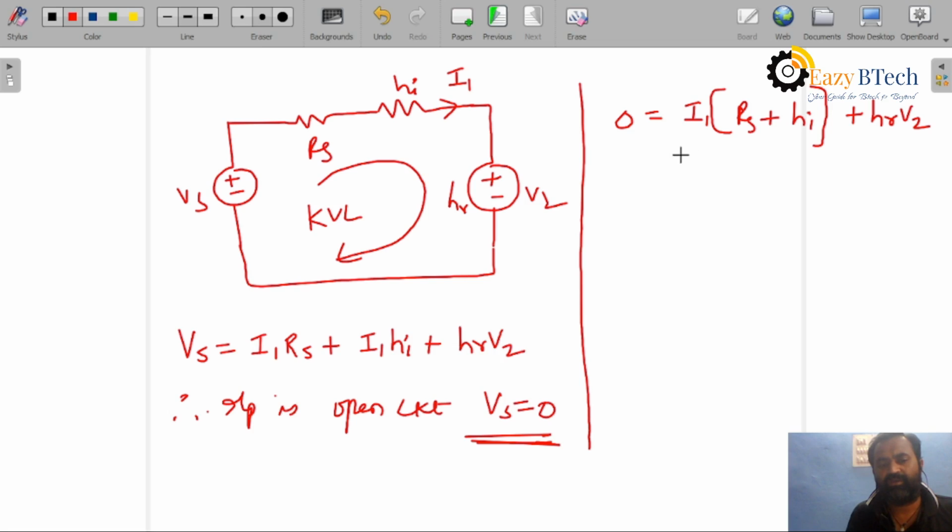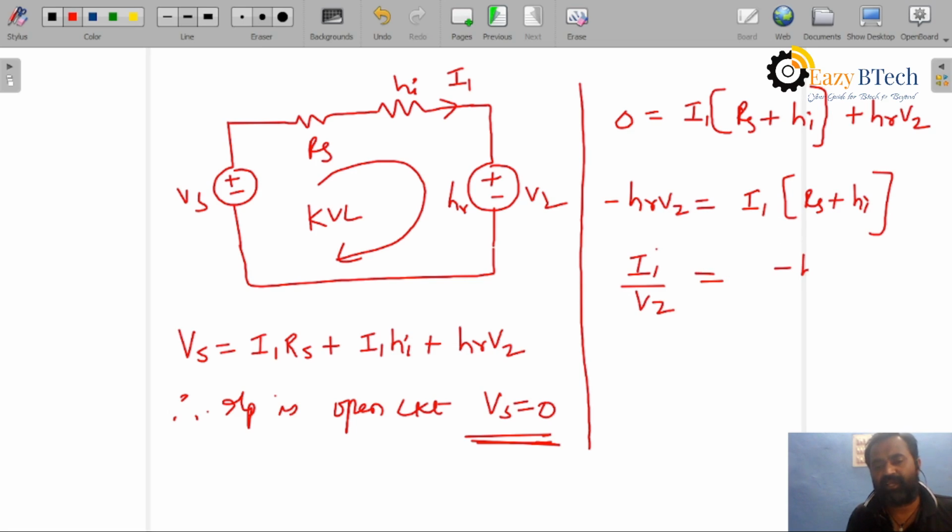Now we will take this equation as minus HR V2 is equal to I1 into Rs plus Hi. This we will write I1 by V2 is equal to minus HR by Rs plus Hi. This is the value of I1 by V2.